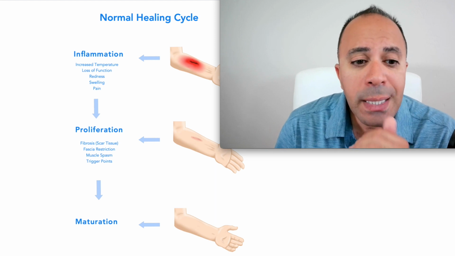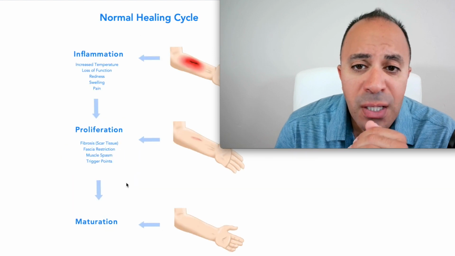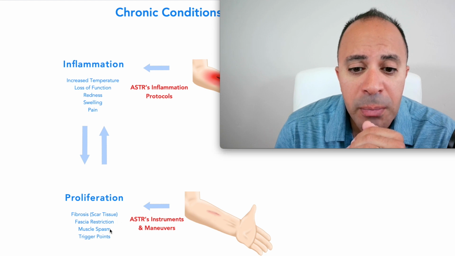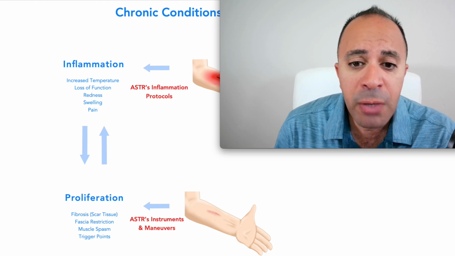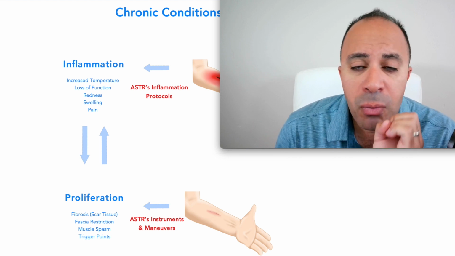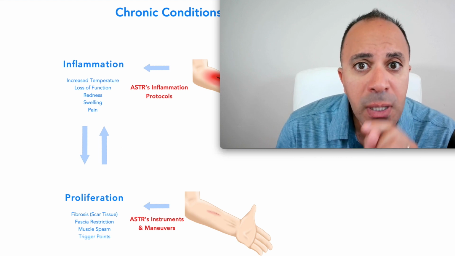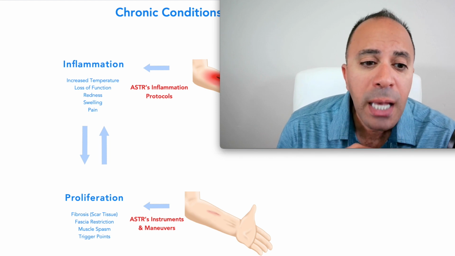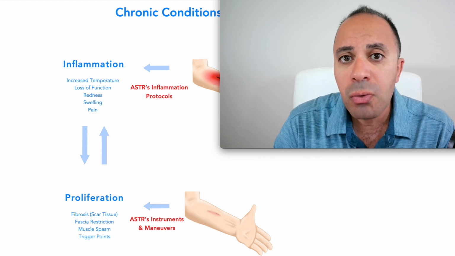But if you're missing any vitamins or minerals required for that transition, your body is gonna go back and forth between inflammation and proliferation. So even if you do the anti-inflammatory diet or use the MagnaHeal, which works very well for mild and moderate inflammation, if you have magnesium, D, C, or other vitamin and mineral deficiency, you have to replace it.